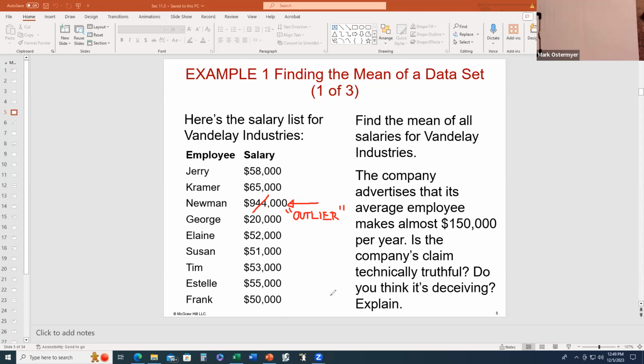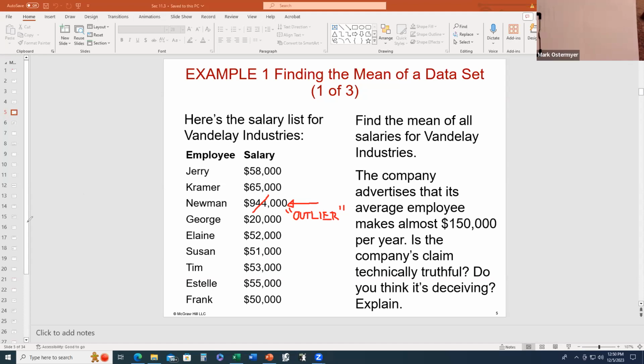Because of that, we're going to discover in the near future that if your data set is plagued with outliers, we should not be using the mean as a measure of central tendency. We really should be using maybe the median, because the median is immune to outliers. The median is not affected by outliers like the mean is.